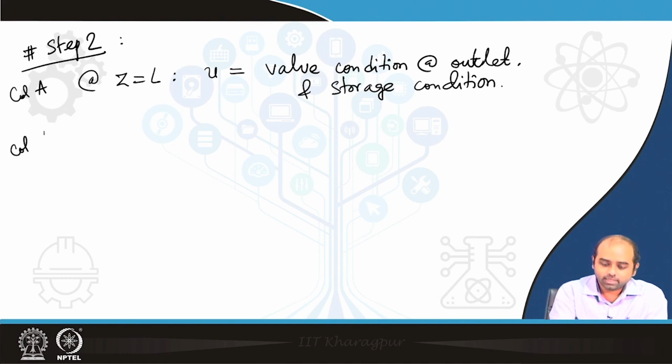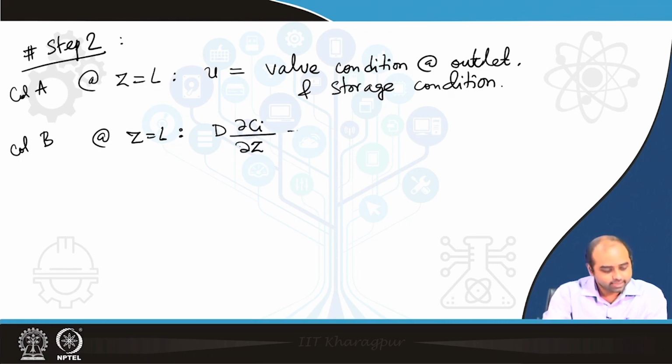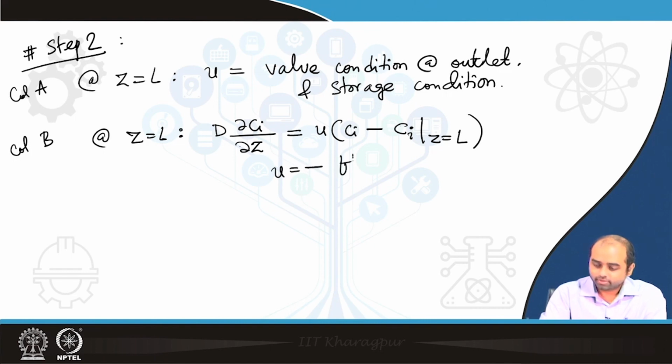For column B, which is in purging state, at Z is equal to L, in step 2 it is slightly different. We write this as dCi/dZ is equal to U (Ci minus Ci at Z is equal to L), right, and U is minus of the flow conditions, flow valve parameters.